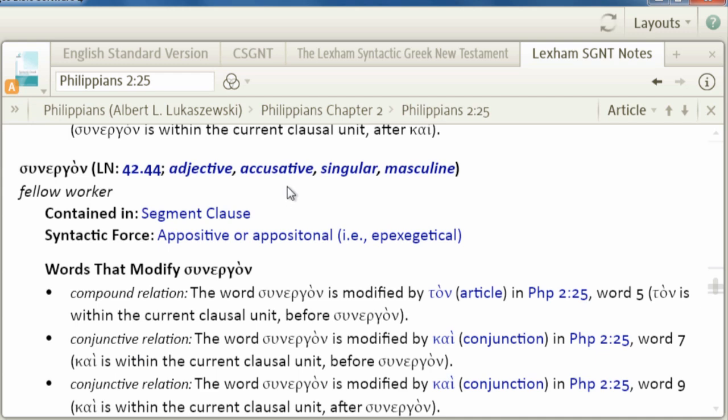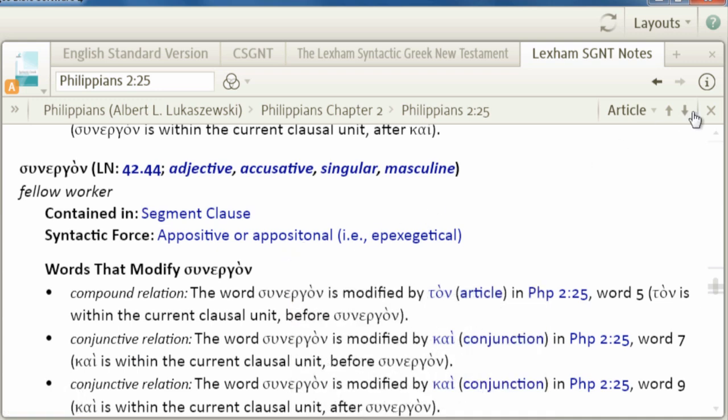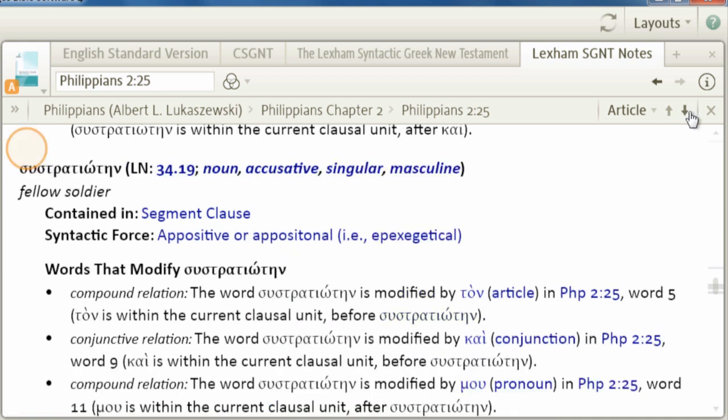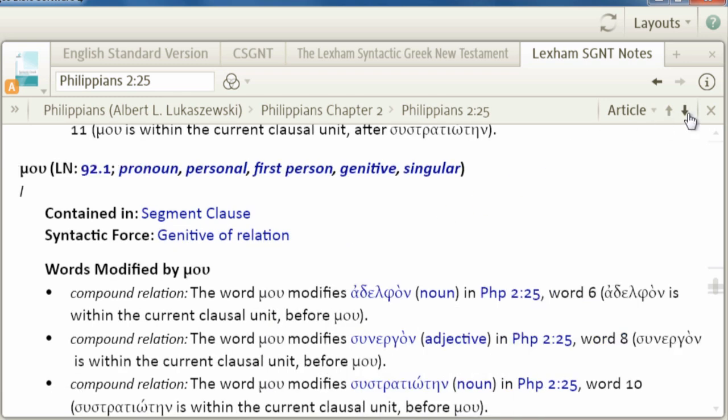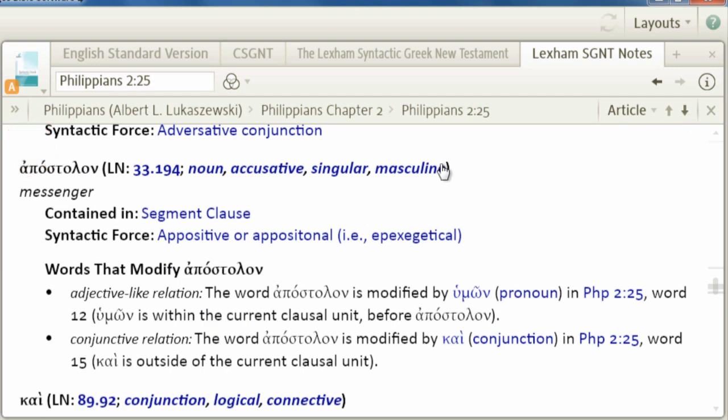Sunergan, accusative, but in terms of function, appositive or appositional. Sustratiotein, accusative, but also functioning as appositive or appositional. Apostolon, also accusative, also appositional.